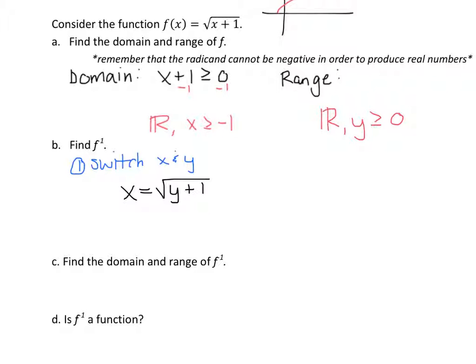Now, step 2 is that we're supposed to get y equals. So how do we get rid of this square root? You are correct. Square both sides. So that gives me x squared equals y plus 1. We're almost done.